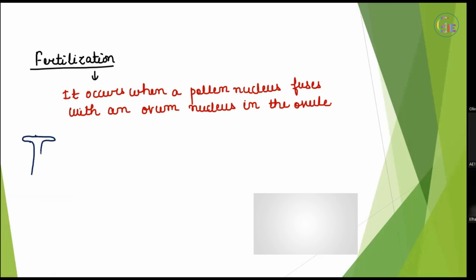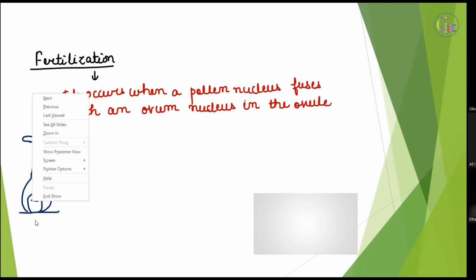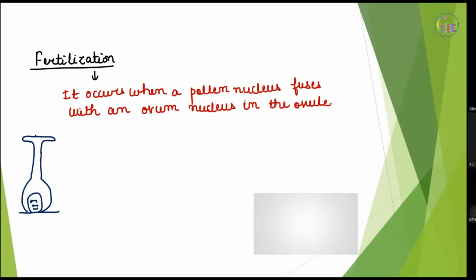Let's say this is your stigma. This one is your ovary. These are your ovules. So let's say here is your stigma pollen. Once it reaches here, the next process will take place.